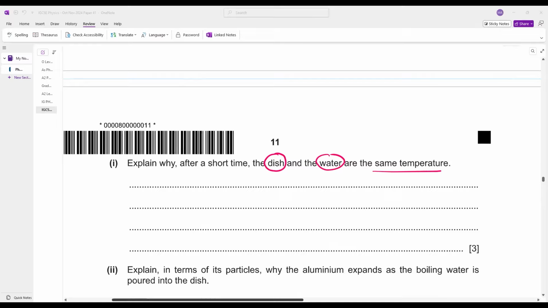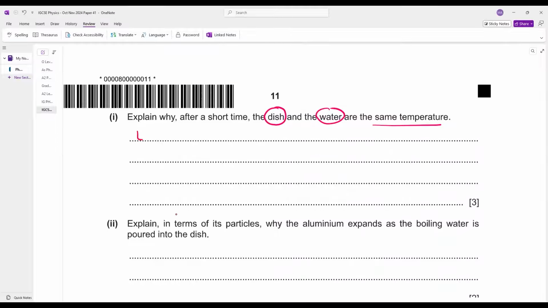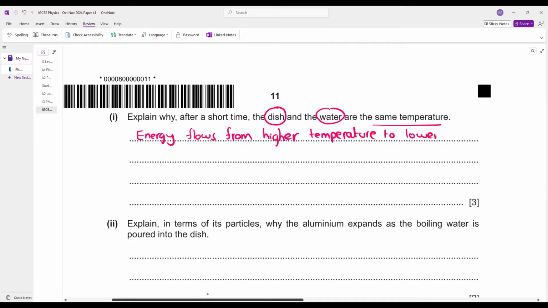You can write here: energy flows from higher temperature to lower temperature. Energy कह दो, heat कह दो, whatever you want to say.